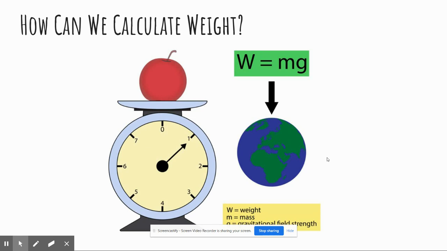So this is an introduction, right, to matter, mass, and weight. We know that matter is basically the stuff that makes up everything. Mass is a measure of how much matter is in something, how much stuff makes it up. And then weight is actually a measure of how much gravity is acting on an object.